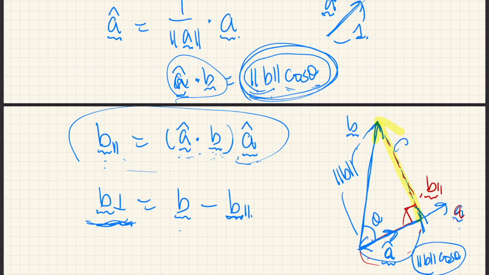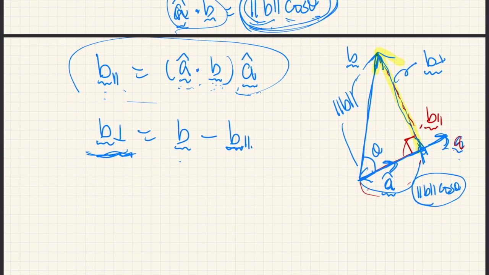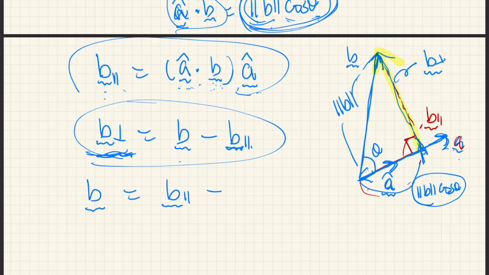Okay. So this vector from here to here is B perpendicular, a vector perpendicular to A. What we just did is rewrite B as the sum of B parallel plus B perpendicular.